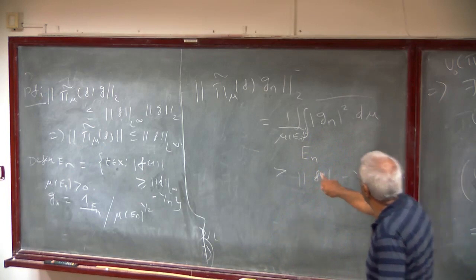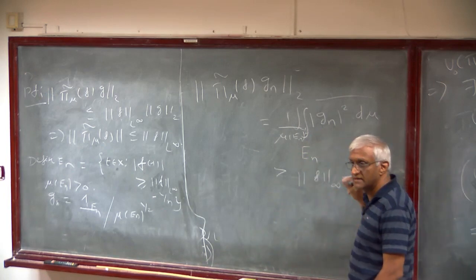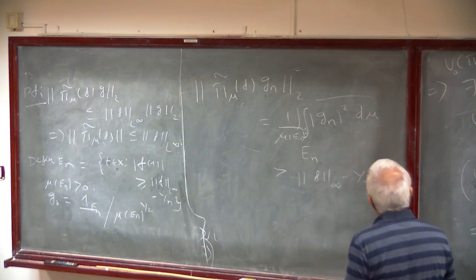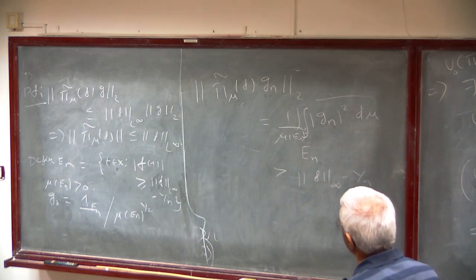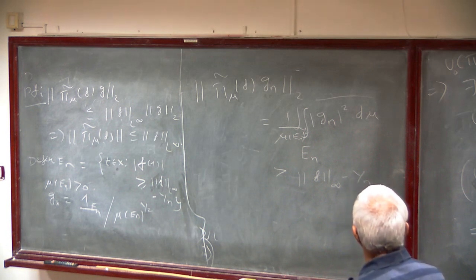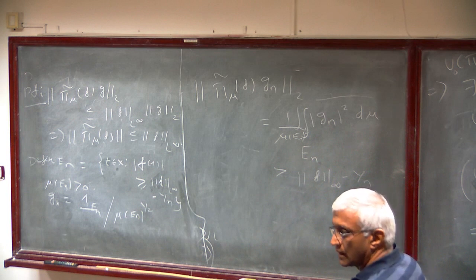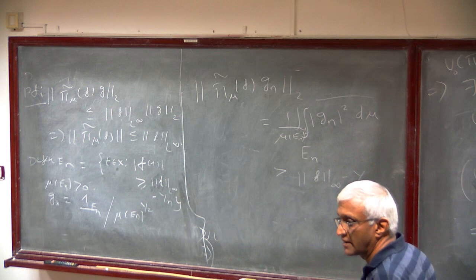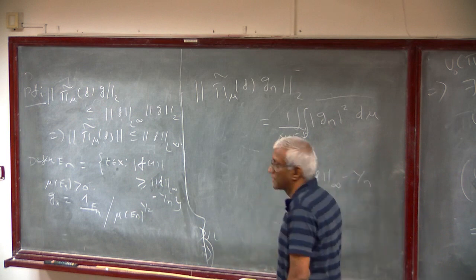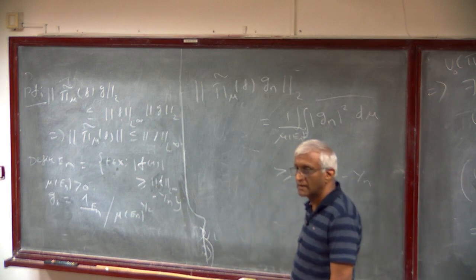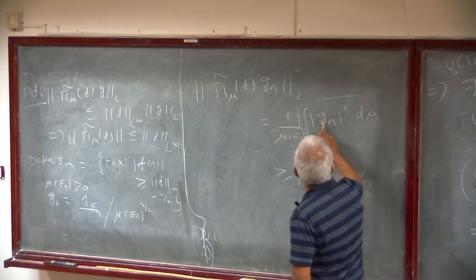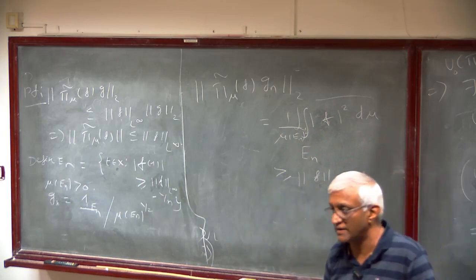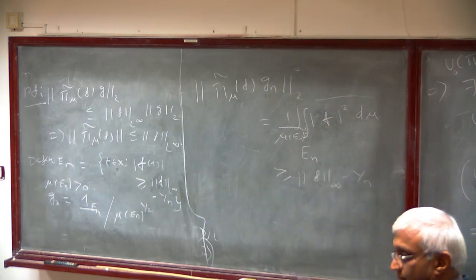By the definition, on En, mod F is greater than this. So it will be greater than the square of this, or whatever, you take the square root. Correct, Gn is 1 on that.